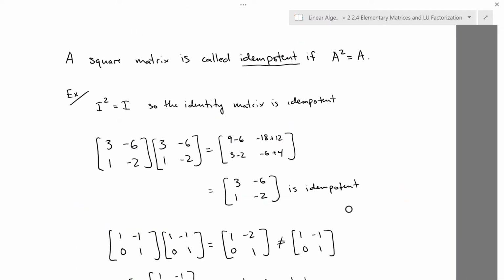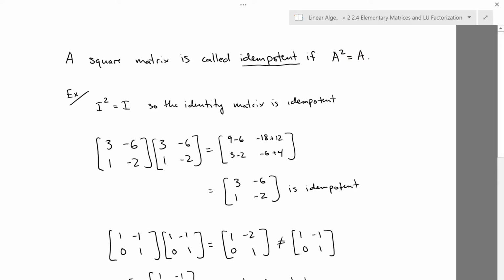Okay, so this last page is just a quick discussion of what it means for a square matrix to be idempotent. A square matrix is called idempotent if you square the matrix and you get the same matrix back.